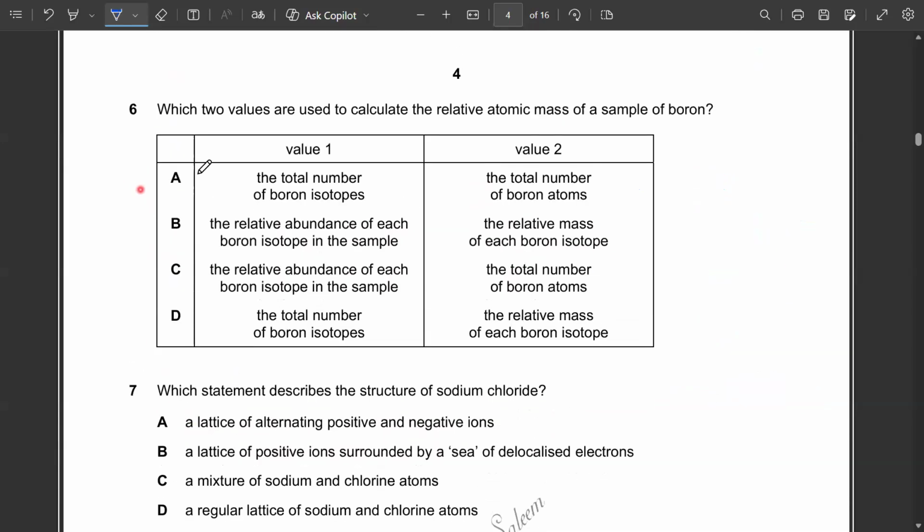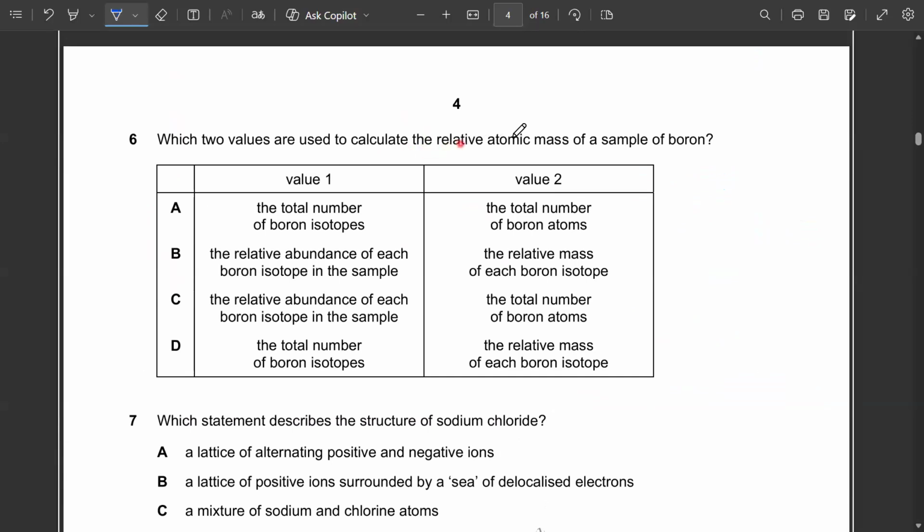Then sixth question, which two values are used to calculate the relative atomic mass of a sample of boron? So we know if we have to calculate the Ar of any element, we need some information.